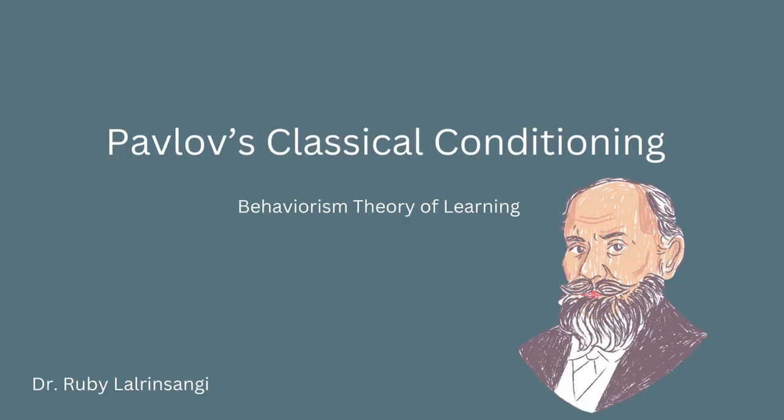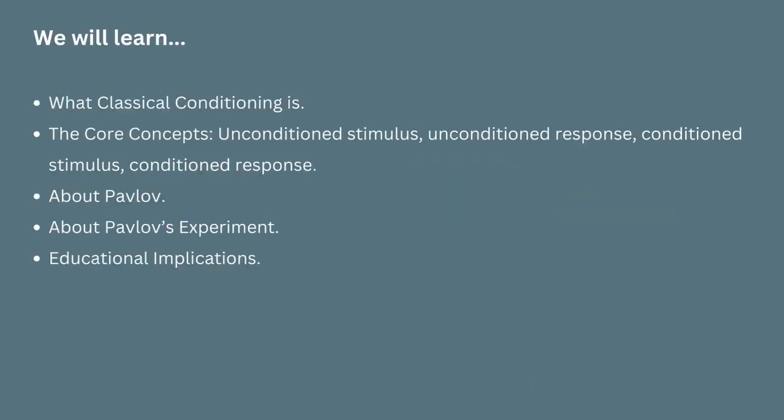So before we get into the details, let us outline what we'll cover in this video. First, we will define what classical conditioning is and why it's significant. Next, we'll explore the core concepts, including unconditioned stimulus, unconditioned response, conditioned stimulus, and conditioned response.